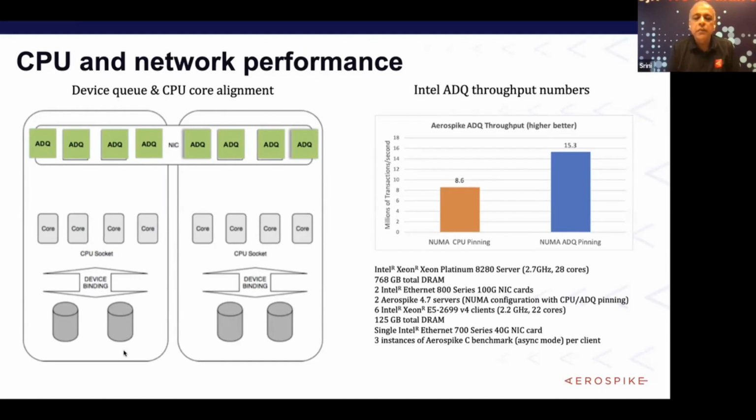And what this means is it enables the application queues on the network to be directly linked to the CPU's threads, which means we can deliver a lot more transactions per second when you use those kinds of isolated network cards, which are aligned basically with threads and CPUs.